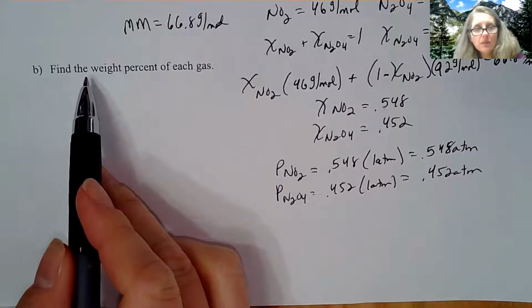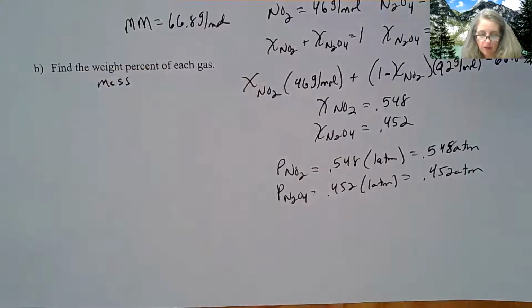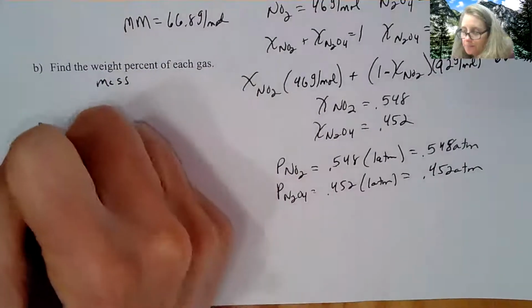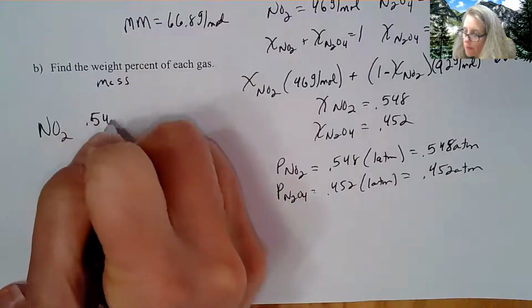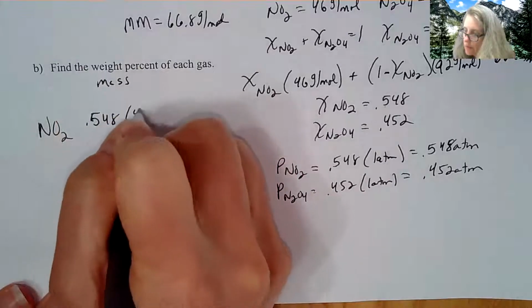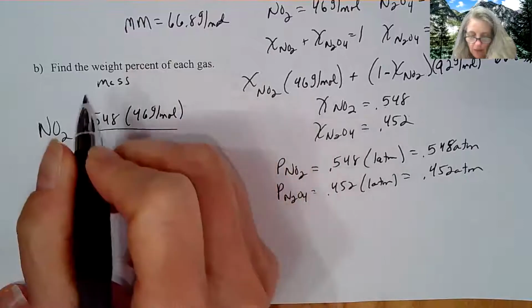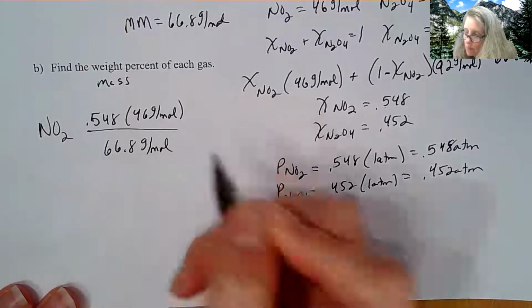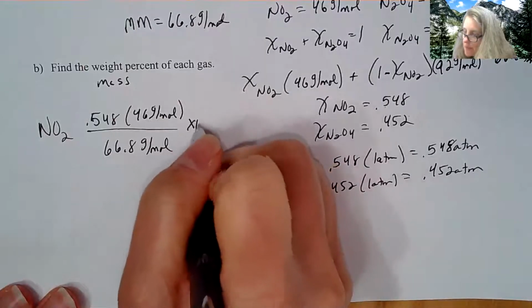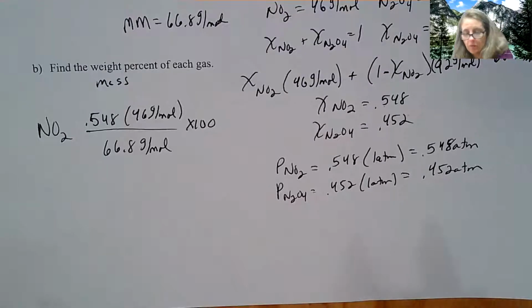Part B of this problem, find the weight percentage of each gas. That's talking about the mass. So if I know NO2 is 0.548 of the total, and I know its molar mass is 46, and my total is 66.8 grams per mole, if I multiply that by 100, I could essentially figure out how much of it is NO2 versus how much of it is N2O4.